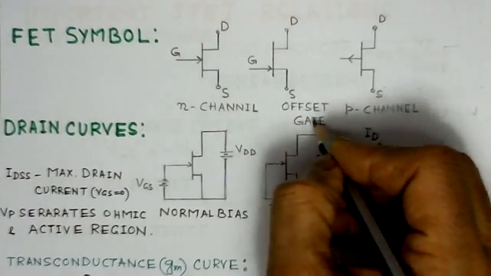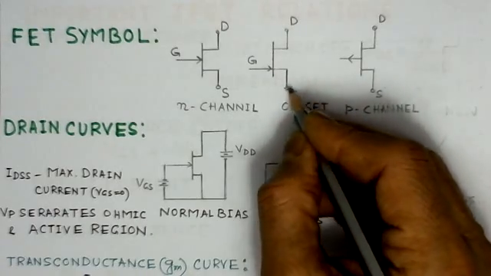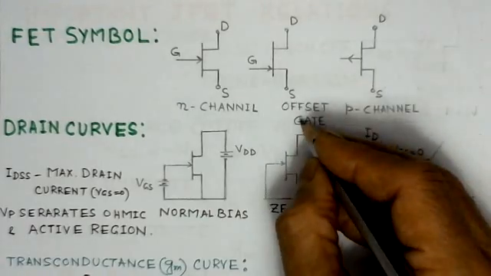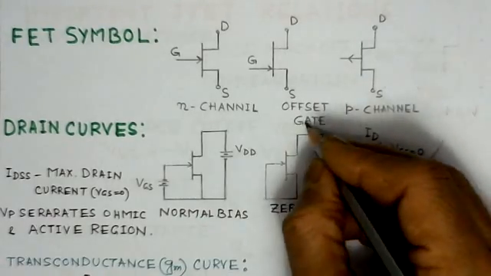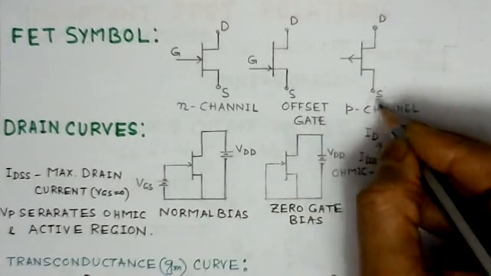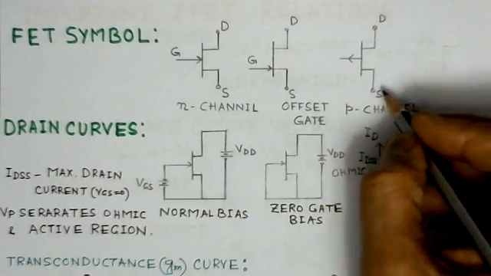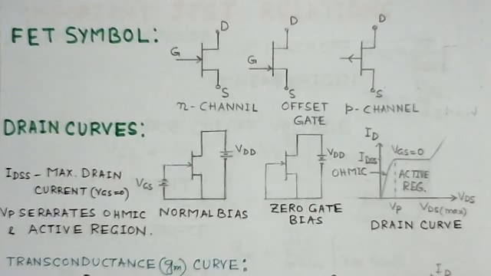This N-channel symbol, where the gate is offset and not in the center, is also a symbol for the N-channel MOSFET. For P-channel MOSFET, the arrow is in the different direction.